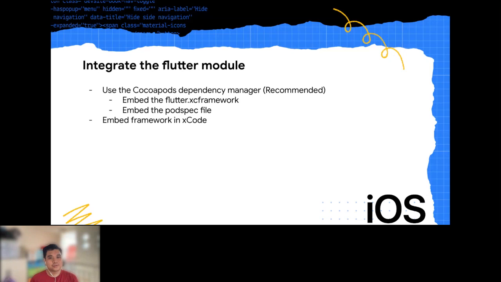The second approach is to embed the frameworks in Xcode itself, which is similar to the source code approach. But from the official documentation, the recommended approach is to use the CocoaPods dependency manager, which is similar to the Android approach of building the AAR file and letting it be depended on in your Gradle file. So in this talk, I'm going to focus on the first approach.